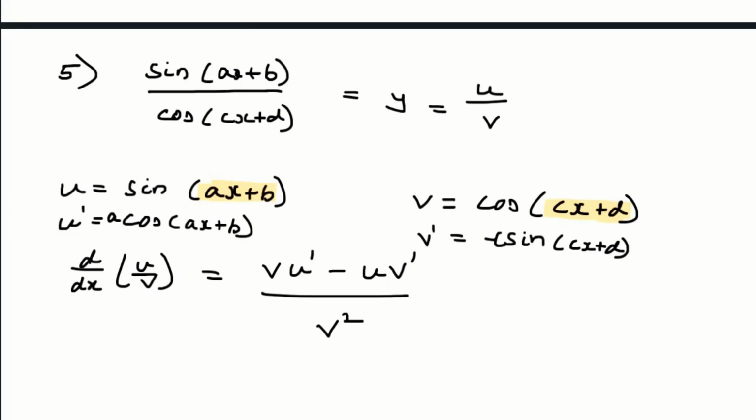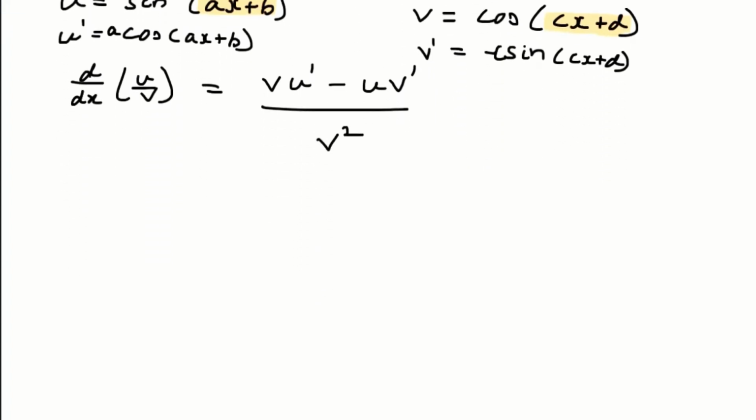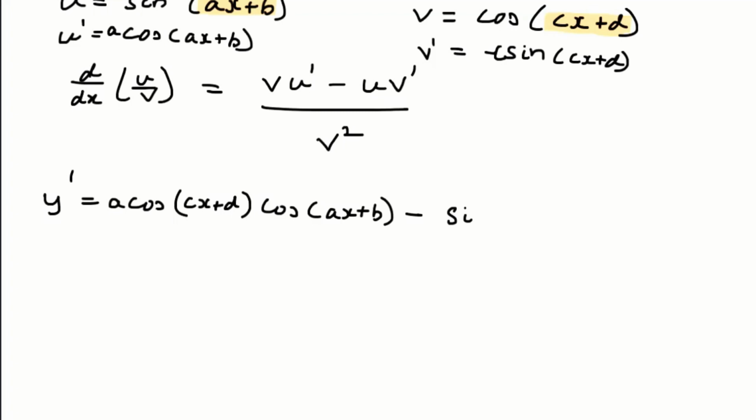I am just going to substitute in the formula. It is v u dash minus u v dash, whole divided by v square. So y dash is equal to what is v? Cos of cx plus d into what is u dash? It is a cos. This a is a number, so I am putting it in the front. Cos ax plus b minus u. U is sine of ax plus b.